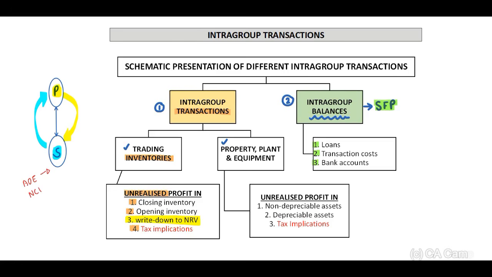Or there can be a scenario where the parent sells property, plant and equipment to the sub, or the sub sells property, plant and equipment to the parent. Then the unrealized profit will be included in your non-depreciable assets and your depreciable assets, always remember your tax implication. And please remember with this, the depreciation in the buyer's records.